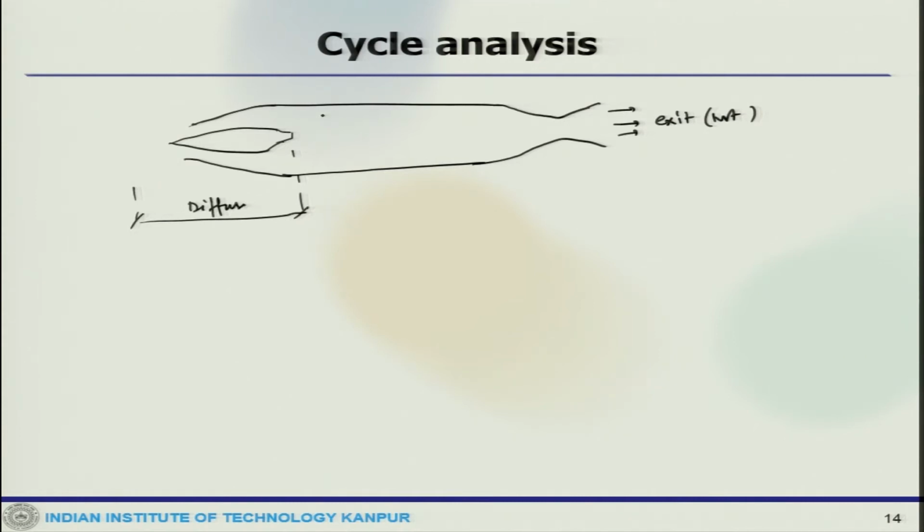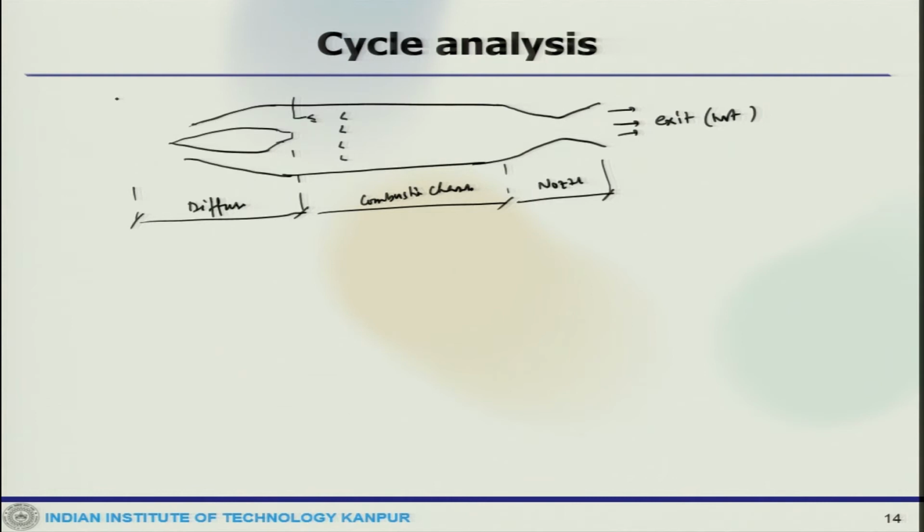Then somewhere fuel is injected, this is the burner, which we call the combustion chamber, and then this portion we call the nozzle.